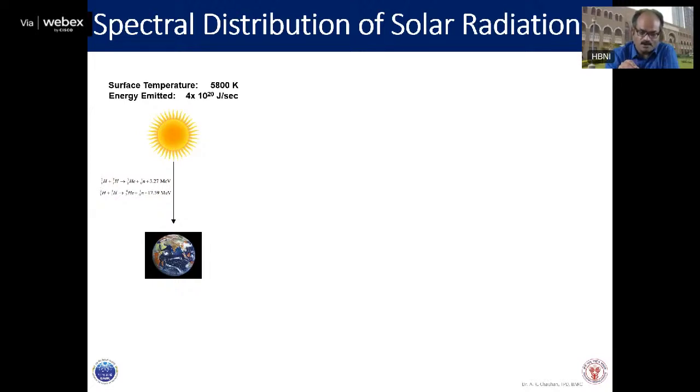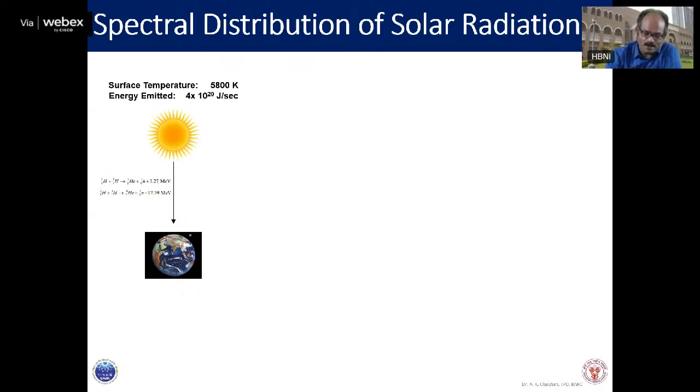And since this body is at 5800 Kelvin, it is bound to emit black body radiation. Considering the mass, size, and all other things of the sun, the energy emitted by the sun is approximately 4 into 10 to the power 20 joules per second.